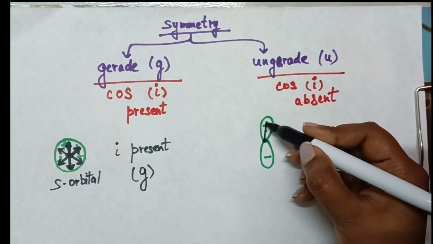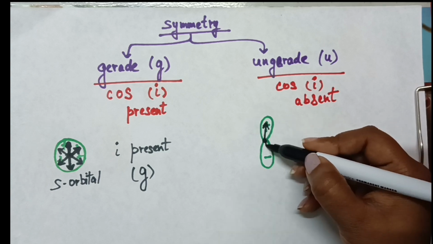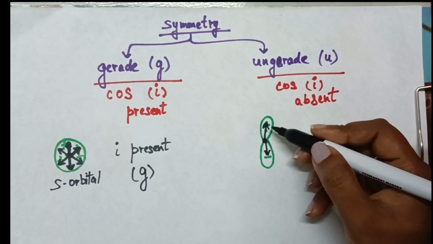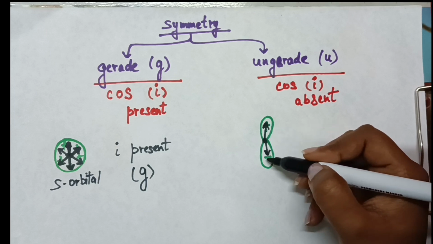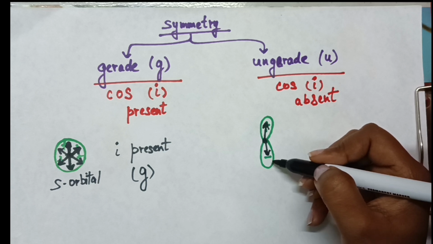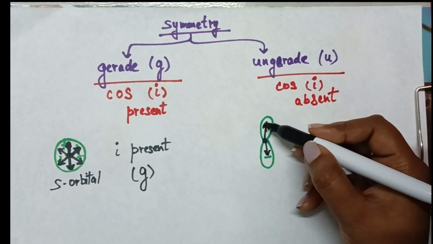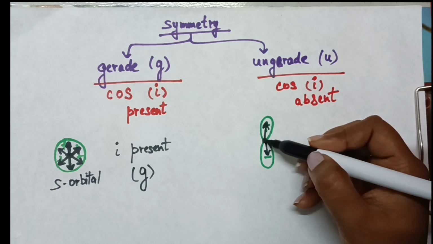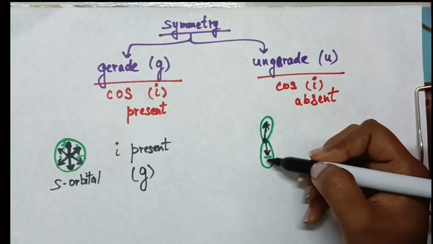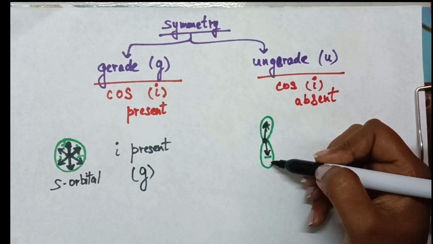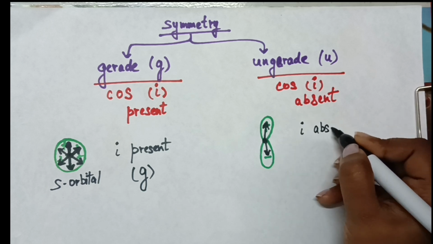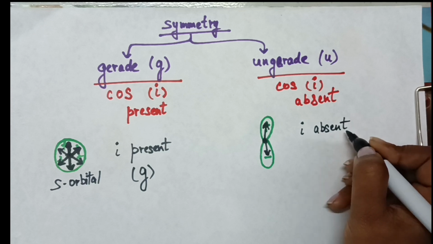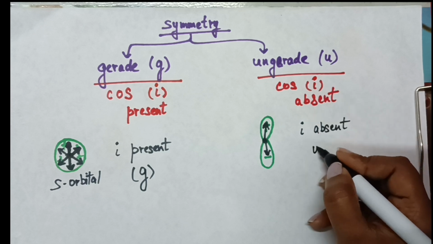If I move in this direction, I'm going to find the positive sign, and in the opposite direction I will find the negative sign. So in this case, i will be absent. If i is absent, then that means it is ungerade.